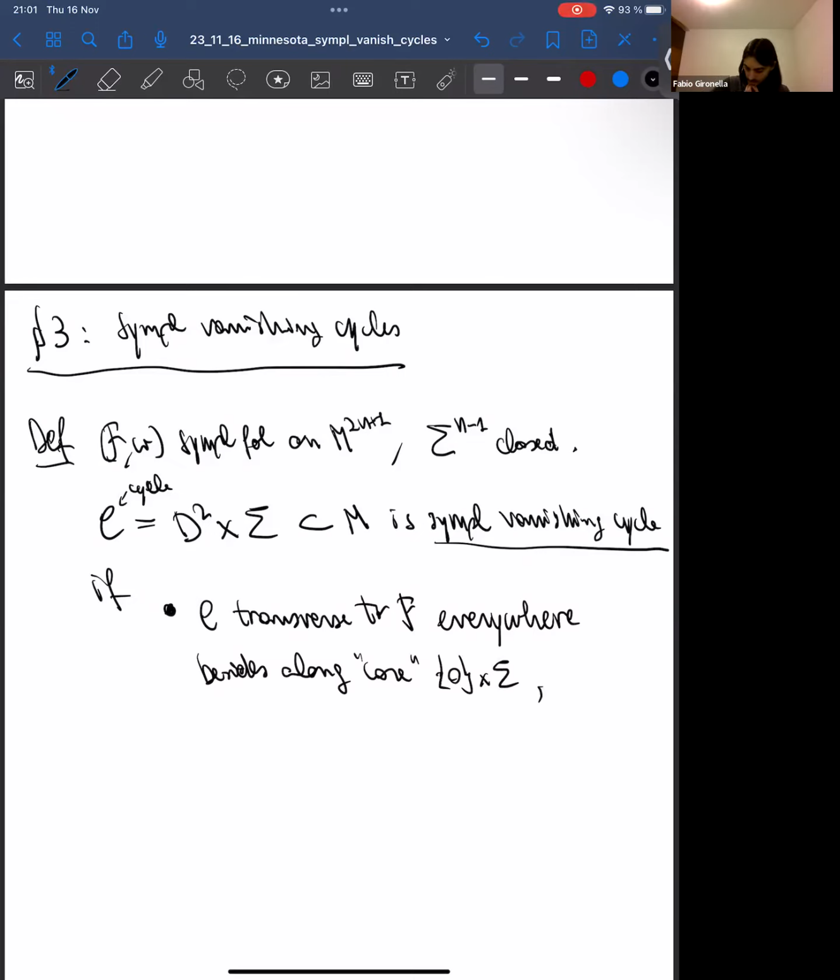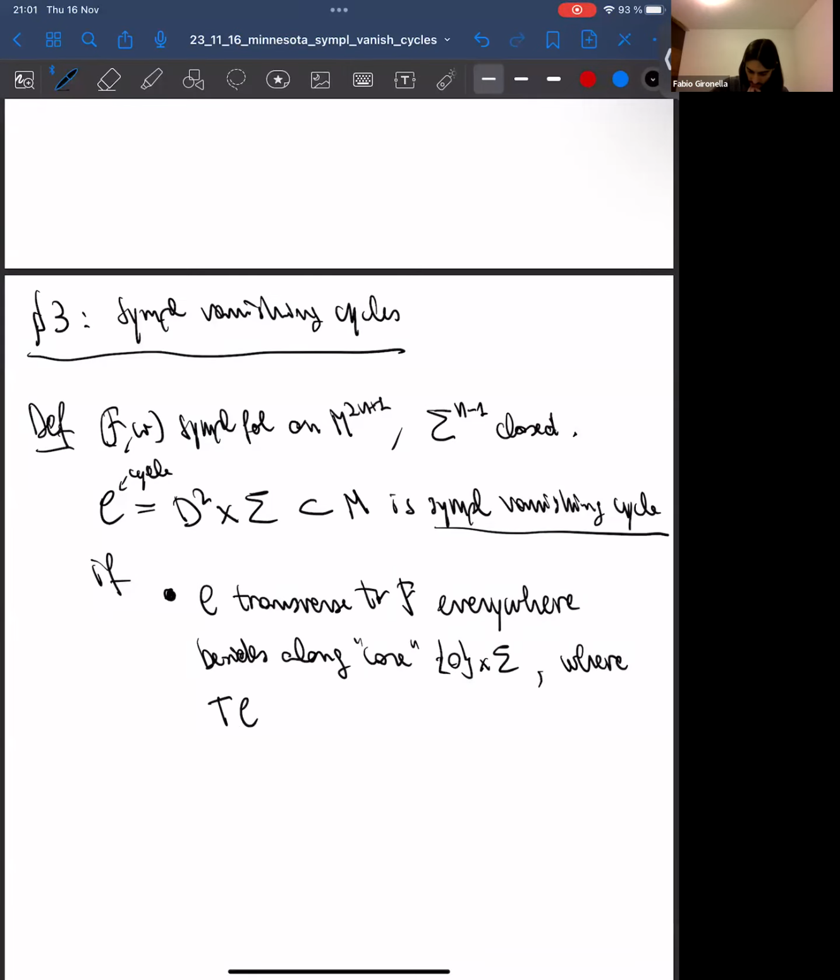And along this core, we want the tangent bundle to C to be included inside the foliation. More precisely, now I'm going to describe how the foliation looks and what the compatibility condition of this induced foliation with respect to omega is, because up until now it's just a smooth condition.